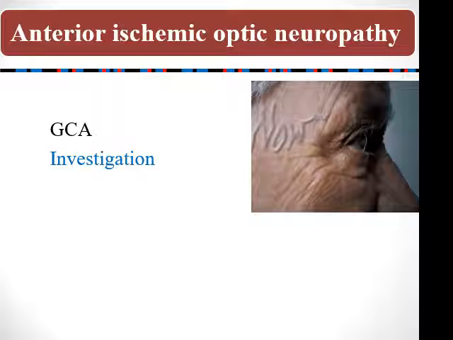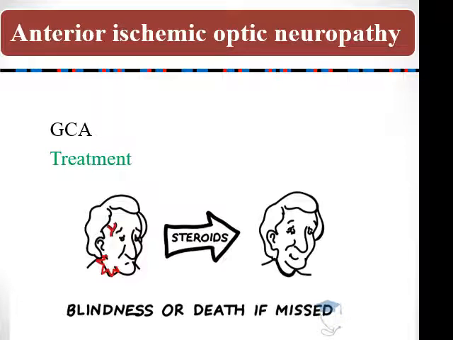The biopsy should include at least 2 to 5 centimeters of the artery, as the inflammatory process may skip part of the artery. The treatment is oral steroids in cases where the optic nerve is not involved.